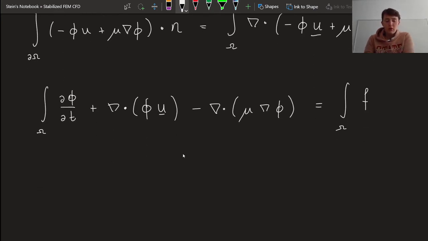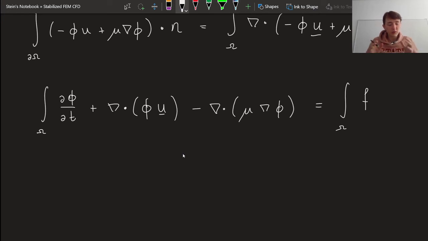Okay, so now this is a balance law that is talking about the balance of our concentration field phi on some control volume, but I haven't really specified the control volume. This would hold for any control volume. This would hold for a rectangular control volume, a circular control volume, a large control volume, a small control volume.